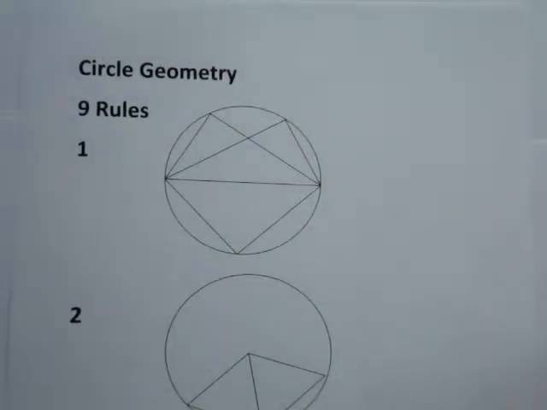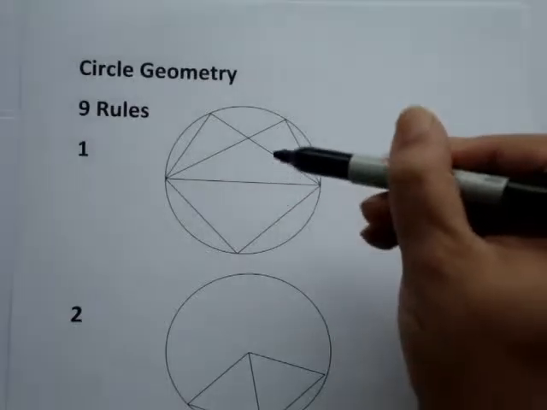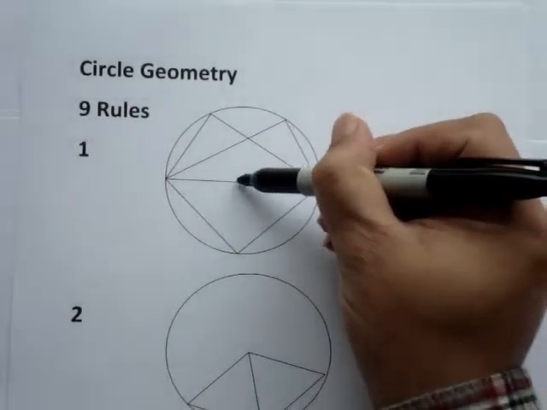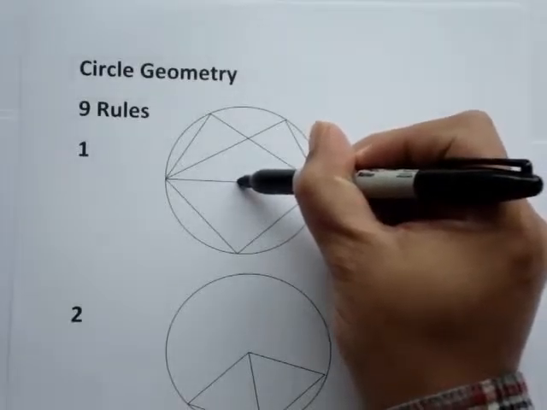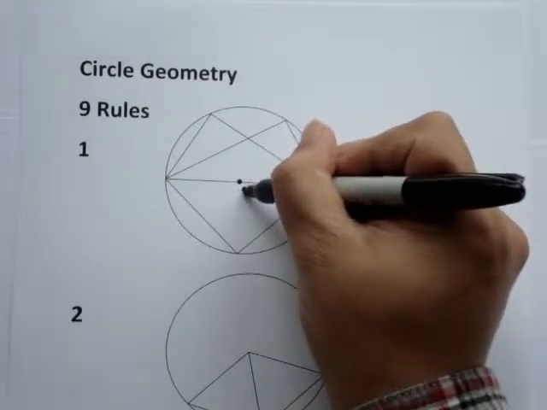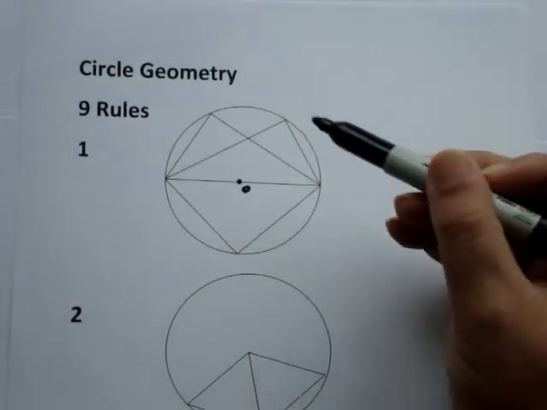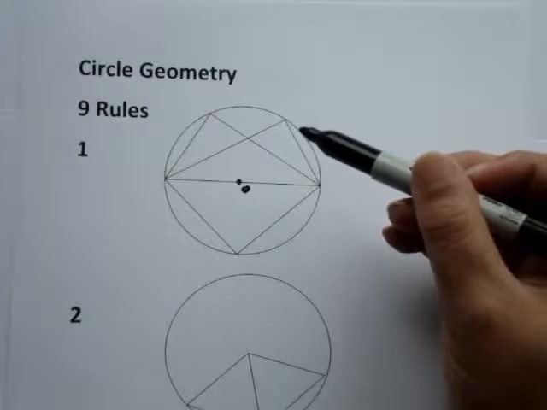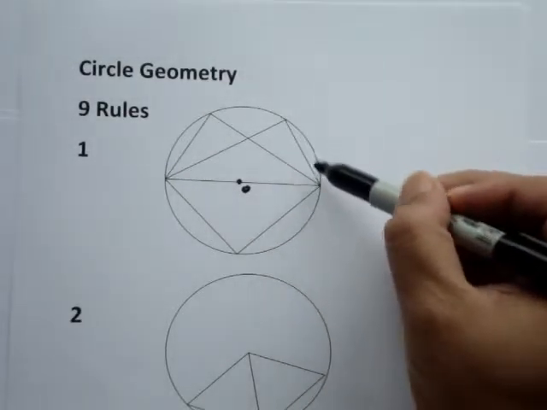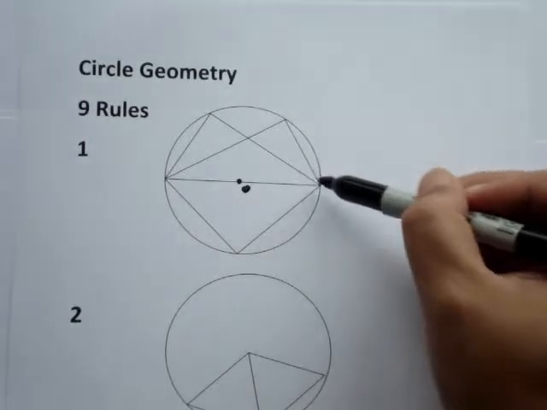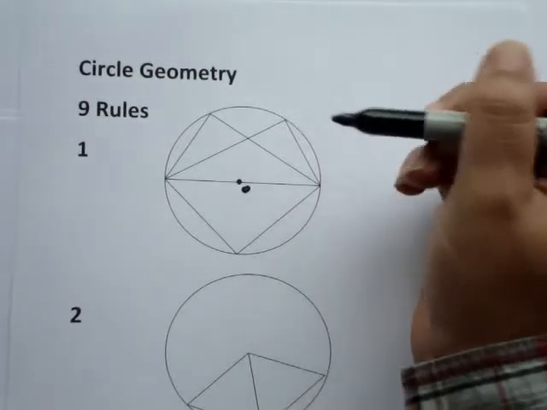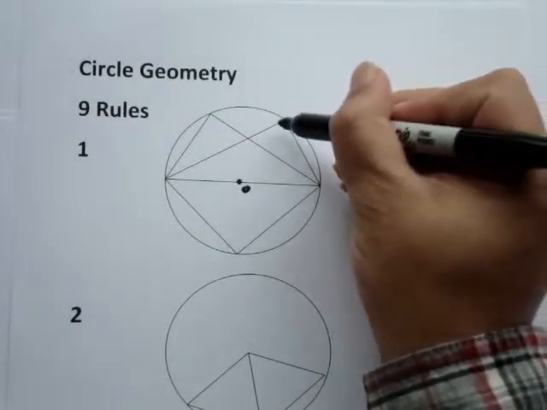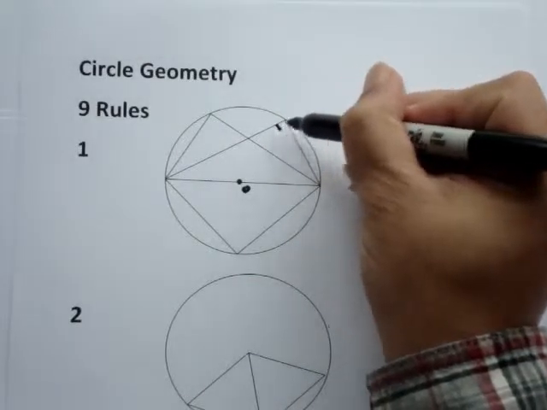The first rule we're going to go through is if we have a circle and a diameter. Remember, the diameter goes through the center of the circle, so we call the center O. Then if we draw 2 lines to form a triangle from each end of the diameter, where they meet the circumference of the circle, they will do so at a right angle.